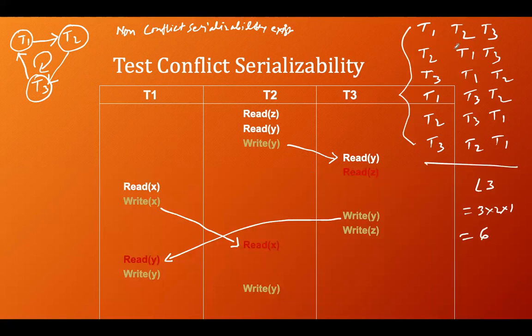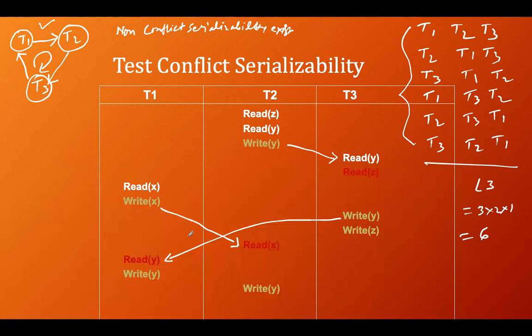Because we have checked it with the help of the precedence graph, it is easy to check that way. Do we get any cycle at one go? If we are getting any cycle, it means there is no conflict serializability.